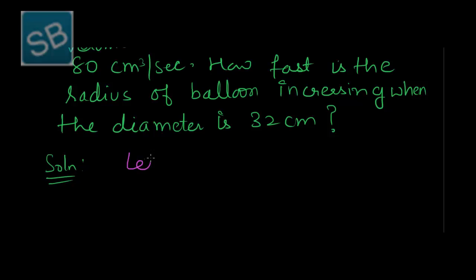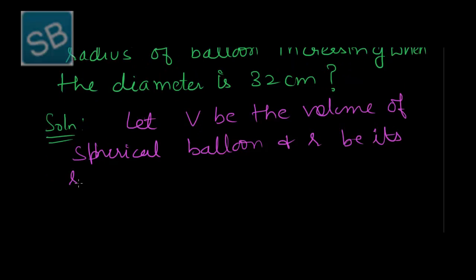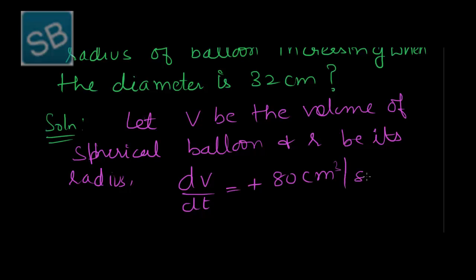So let V be the volume of spherical balloon and R be its radius. And its volume increases, that is dV over dt. Increases means plus sign. Plus sign indicates it increases at the rate 80 centimeter cube per second.